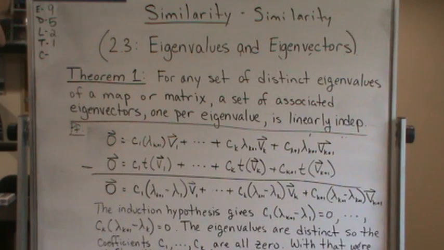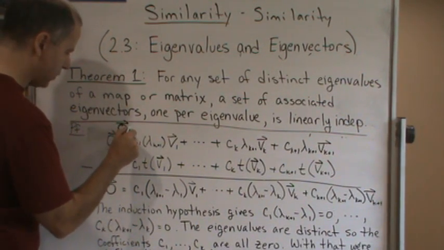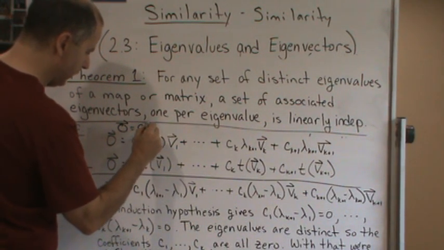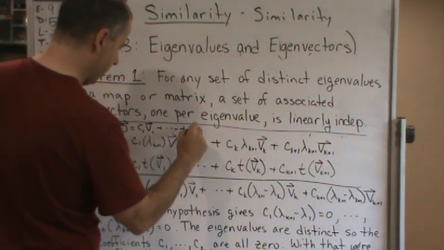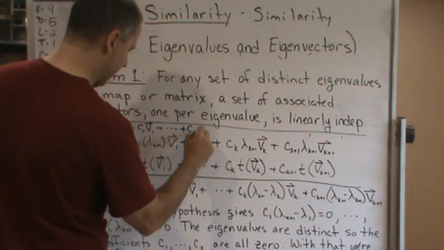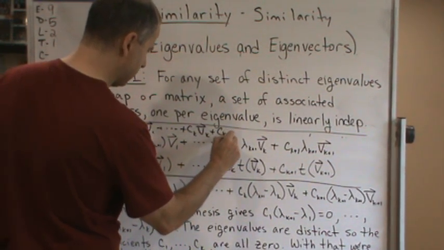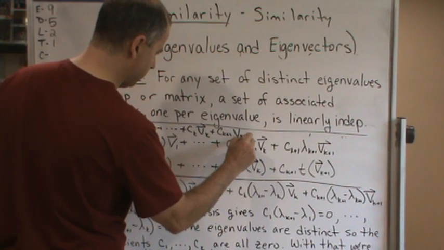If that's true, we go back to the original equation, right? I'll write it up here. So if we go back to the original equation, the zero vector equals c1 v1 plus all the way to c sub k v sub k plus c sub k plus 1 v sub k plus 1, right?